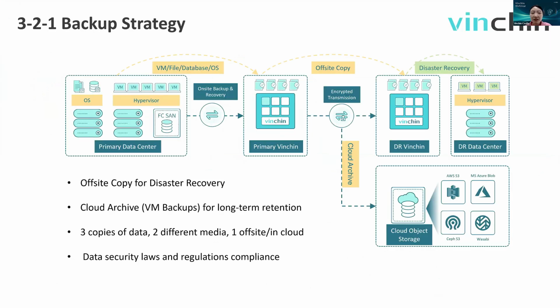First, Vinchin's solution strictly follows the 3-2-1 golden backup strategy rules. Specifically, to keep your data safe, secure, and recoverable at first time from any disaster, it is suggested to maintain 3 copies of your data on 2 different storage types, and better to save one copy offsite or in the cloud to resist any disaster and for the environment rebuild.